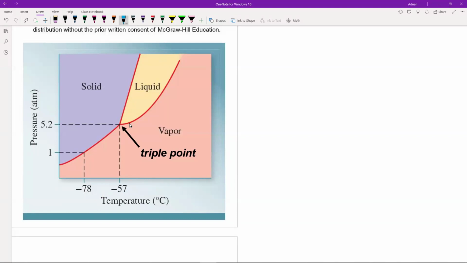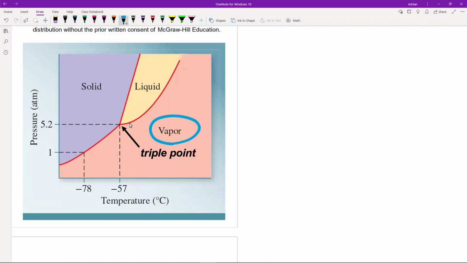The leftmost region is going to be the solid region. The rightmost region, to the right side of the graph, is the vapor or the gas region. And then in between both of those will be the liquid region. Right? And each of these three regions is separated with a line.